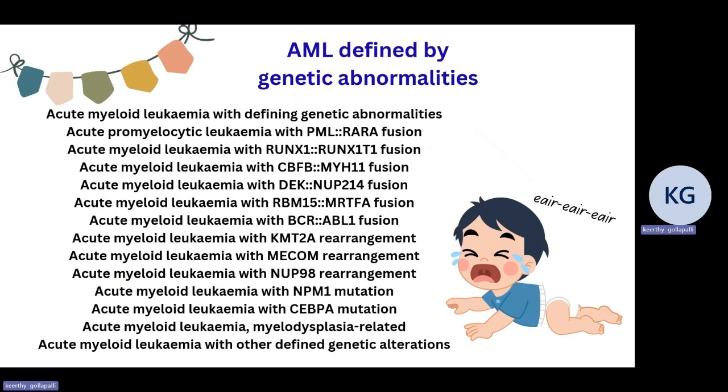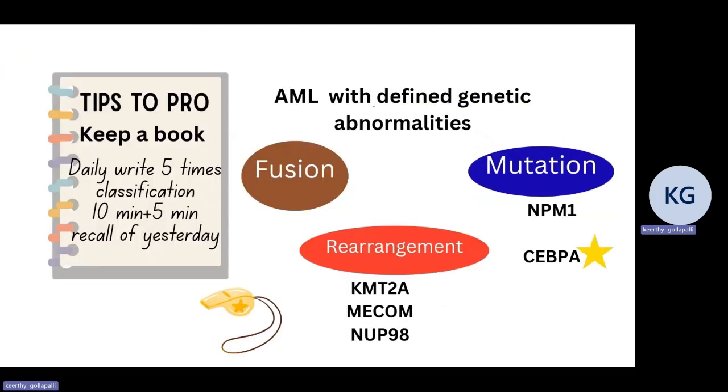Now, when we come to AML defined by genetic abnormality, seeing this classification is overwhelming, right? How to remember all this? It's difficult. We cannot learn it by heart. So let's decode it. You divide it into fusion, rearrangement, and mutation.